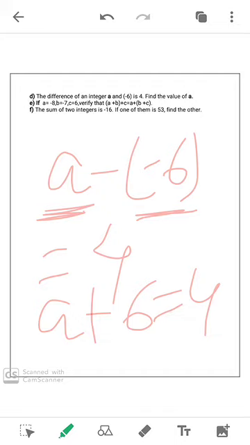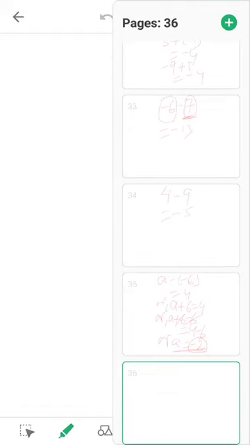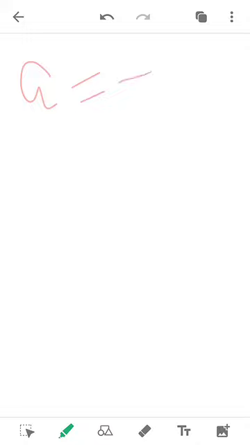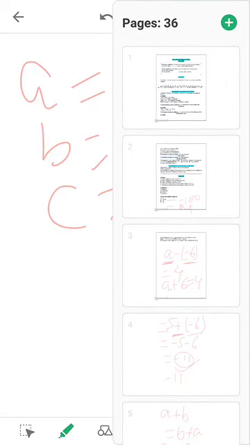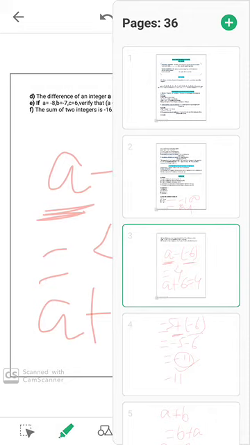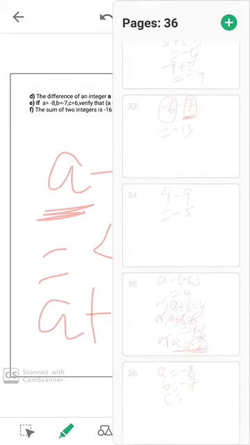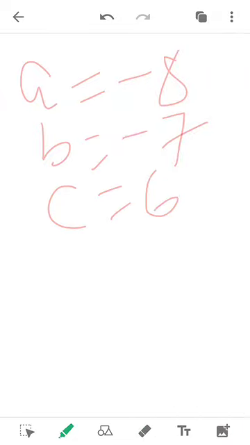If a is equal to minus 8, b is equal to minus 7, and c is equal to 6, we have to verify that a plus b plus c is equal to a plus b plus c. For that we will start from LHS.